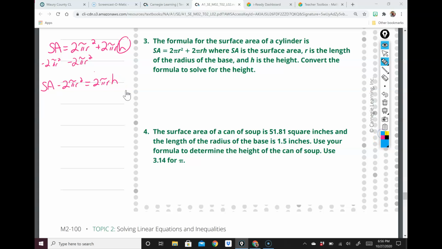And my goal is to solve for h. So I'm going to divide by 2 pi r. So h equals the surface area divided by 2 pi r minus the 2's cancel out, the pi's cancel out, and that leaves me with 1r.